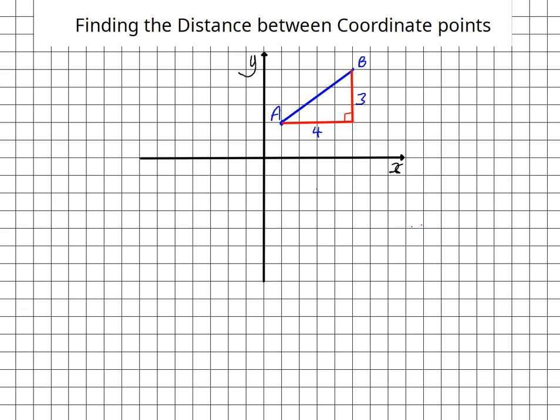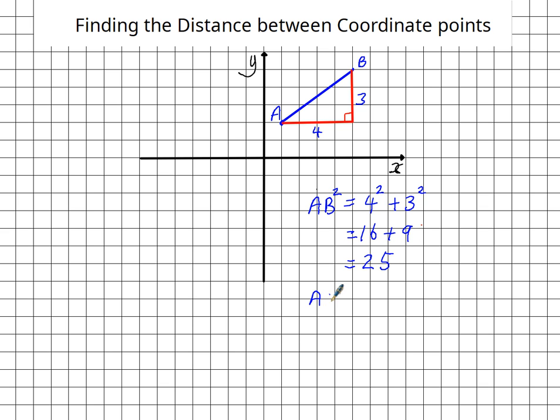And now we know the two short sides of our triangle, and it's a right-angled triangle. We can use Pythagoras. So we can say that the length AB squared is equal to the sum of the squares of the other two lengths. So 4 squared plus 3 squared. Now let's find out what that works out as. 4 squared is 16, plus 3 squared is 9. 16 plus 9 is 25.